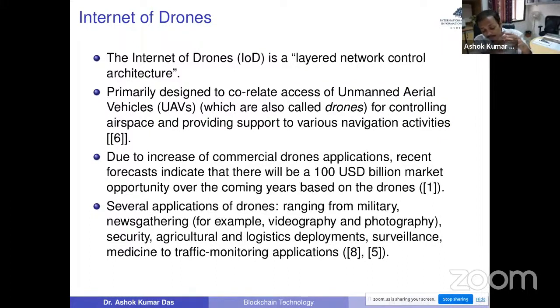For example, in some extreme hill areas where accessibility for vehicles is very difficult, we can use drones to make videos and photographs of the region for news gathering. Drones could be used for security purposes, agriculture, logistic deployment, surveillance in traffic monitoring systems, medicine delivery, and so on.